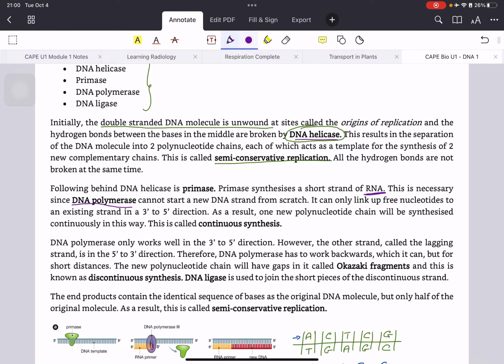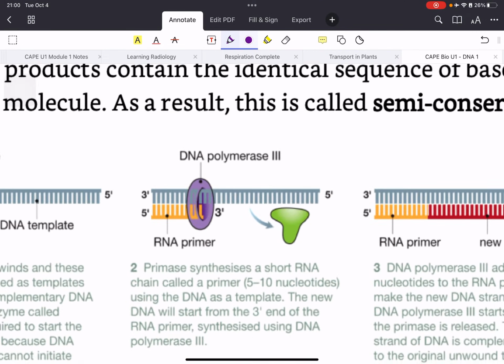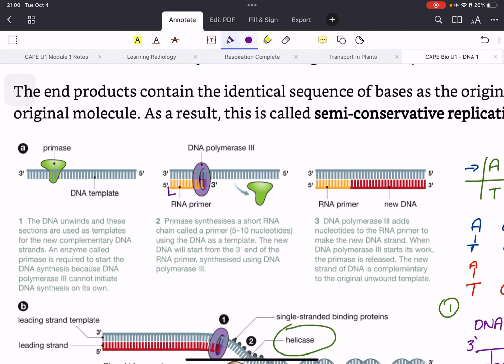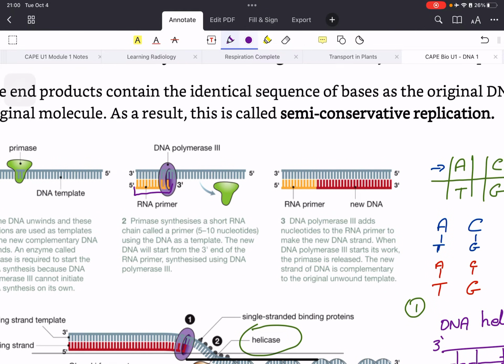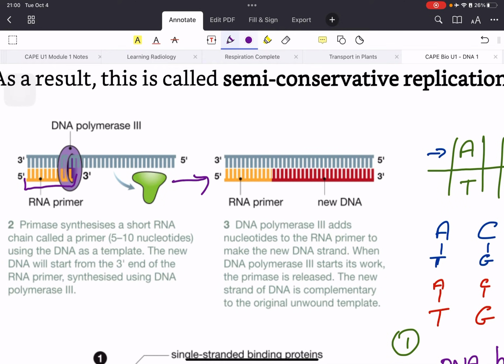So primase synthesizes, as you can see in this diagram, a very short segment of RNA, and we call it the RNA primer. Primer is the first thing. Primer means to start. So the primase will do that, and then DNA polymerase will take over. So this goes here. You can see the red is the new DNA.